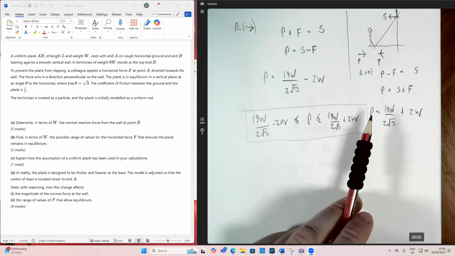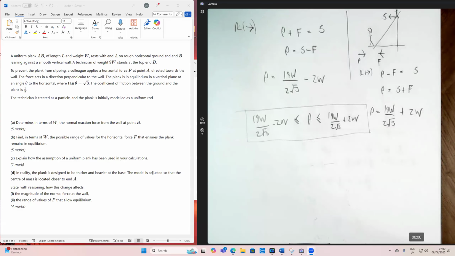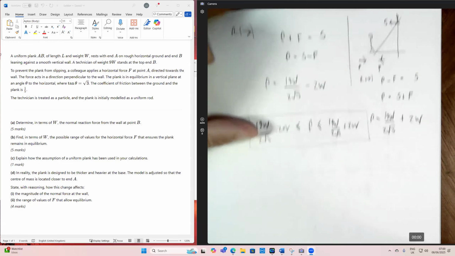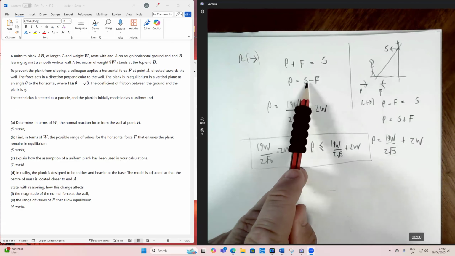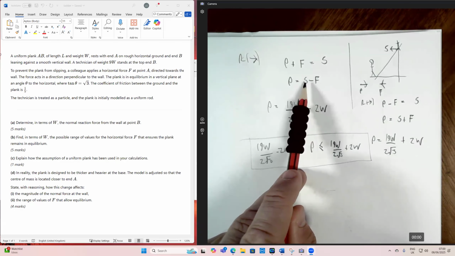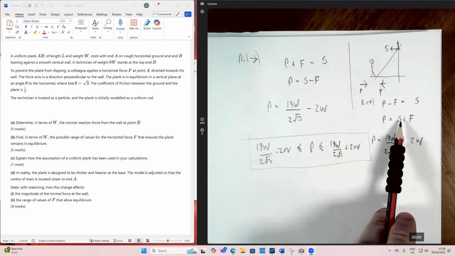So I think we're going to end up with a narrower range of values that are going to allow the whole thing to be in equilibrium. It's definitely going to be a narrower range of values, because in our equation here P is equal to S minus F, and we're saying that this force here is now going to be smaller, and this force is S plus F.